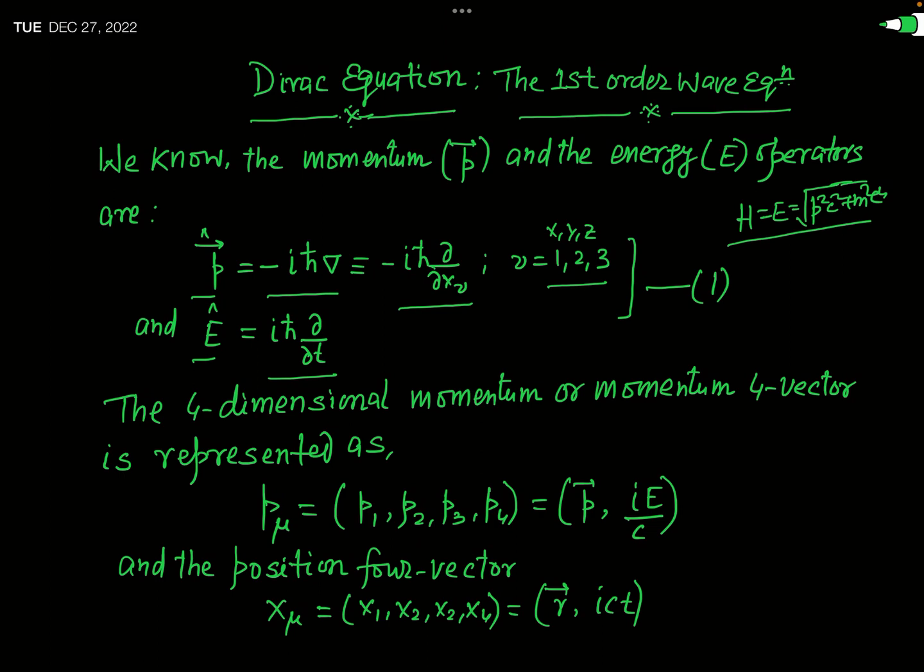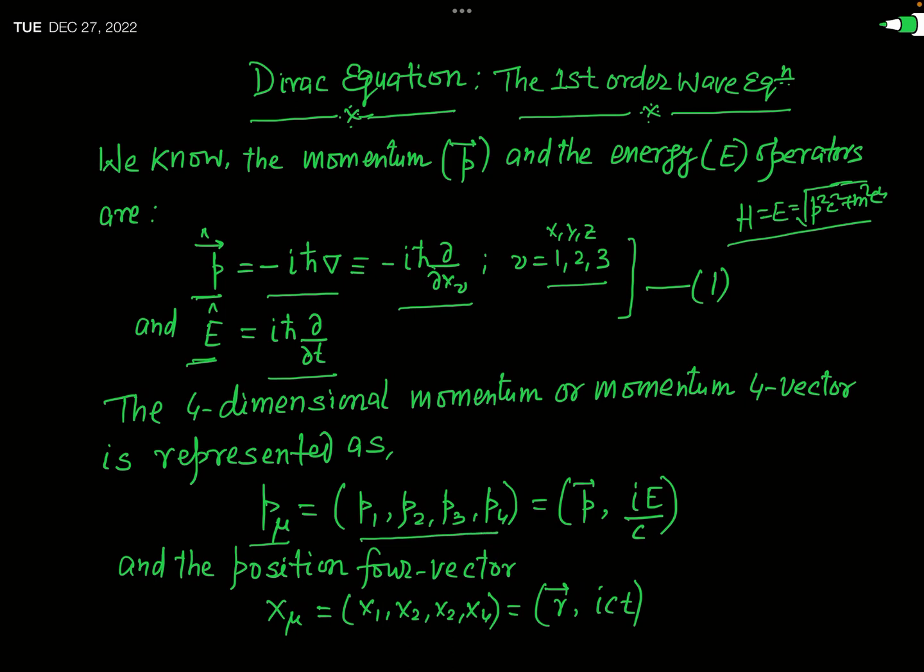In three-dimensional space, this momentum and energy are treated independently. But when you study relativistic mechanics, and particularly the momentum 4-vector, you know that the momentum 4-vector, denoted by the symbol p mu, has 4 components: p1, p2, p3 and p4.